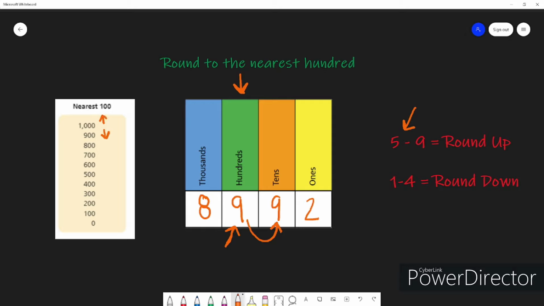But what's interesting with this is that we have our place value of 8,000, but what's confusing is we can't just plop a 1 over here, because then that would be wrong.